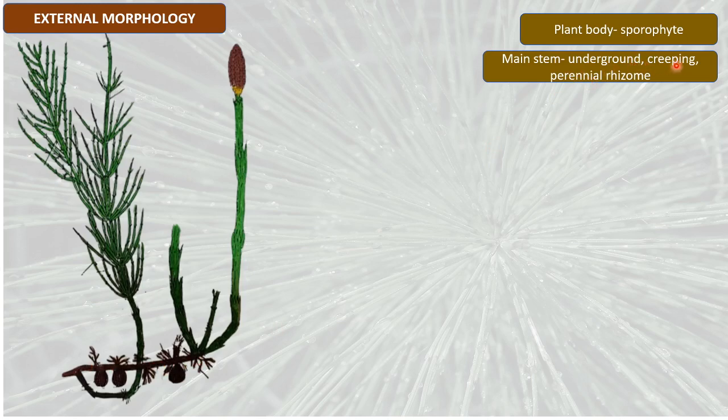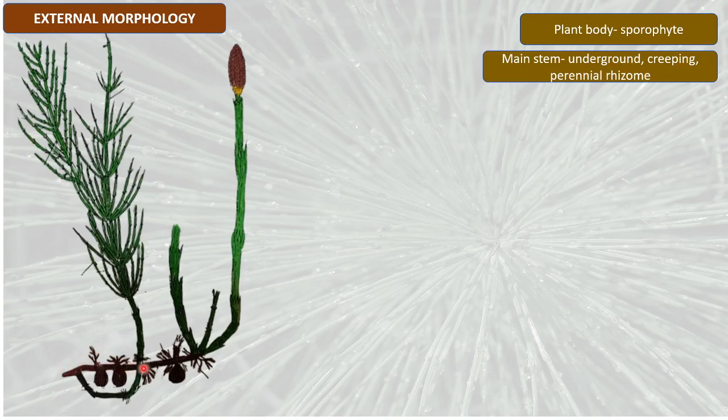This is an underground, creeping and perennial rhizome. Perennial rhizome means a rhizome which can survive for several years, so that's why we call it a perennial rhizome. It is creeping because it creeps along, and it is underground. It is usually present below the ground to some meters, right?